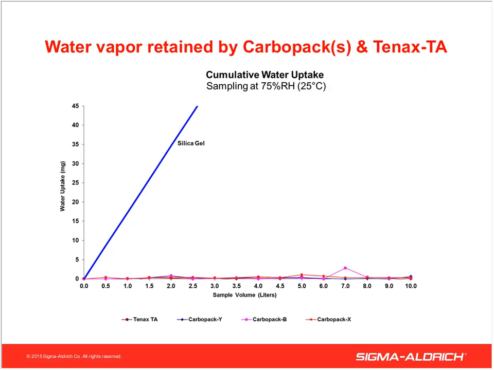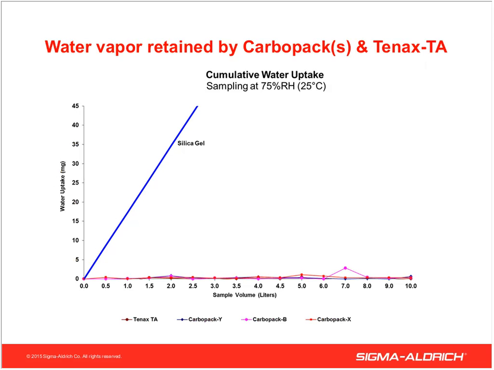So in this experiment, we packed a glass tube with the same volume of each adsorbent, conditioned them all, then subjected them to an atmosphere where the relative humidity was 75% and the absolute humidity was 17 milligrams per liter. This chart illustrates how much water is being retained by the 3 different Carbopacks and 10X compared to a tube packed with silica gel.